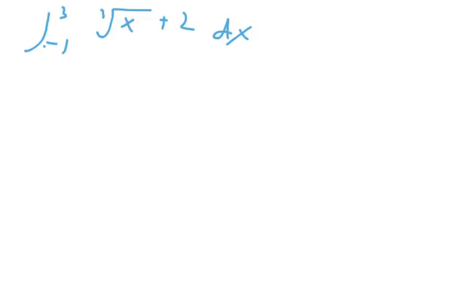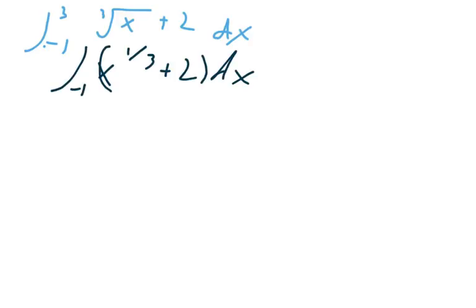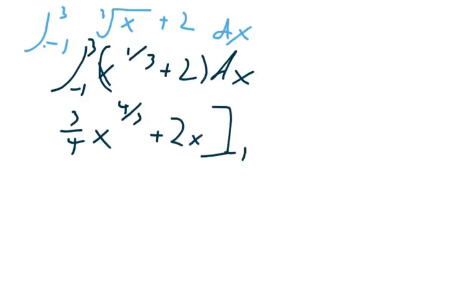Alright, so we have our first definite integral, and a reminder, we're going to change this to be 1x to the 1/3 plus 2 dx. So we got 4/3 here, which means this is 3/4 x to the 4/3 plus 2x from negative 1 to 3.